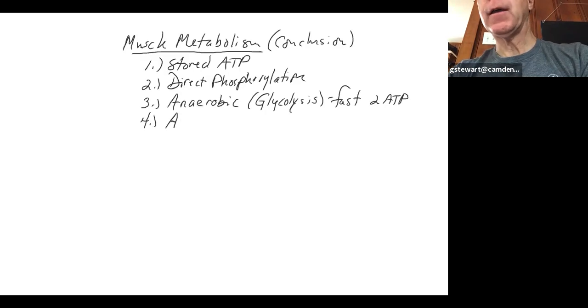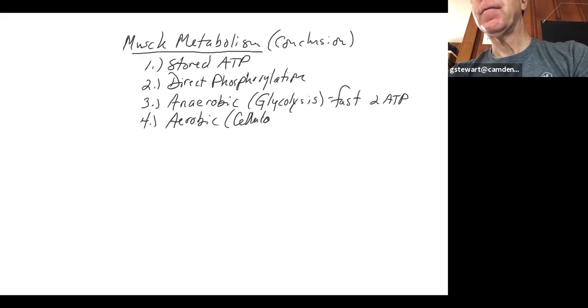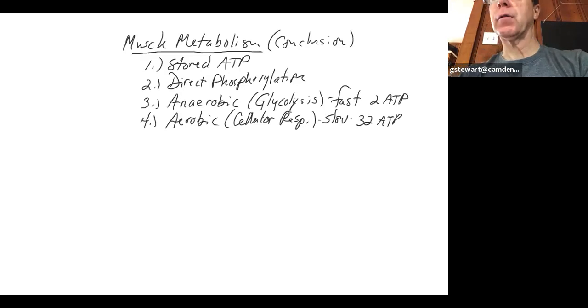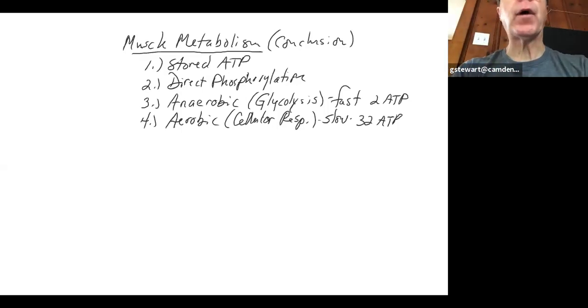Finally, aerobic, in the presence of oxygen, and that's cellular respiration. This takes a long time, so it's not fast, it's slow, but it yields us about 32 net ATP per glucose molecule. So it's really efficient, but it takes a while, and it's quite slow.